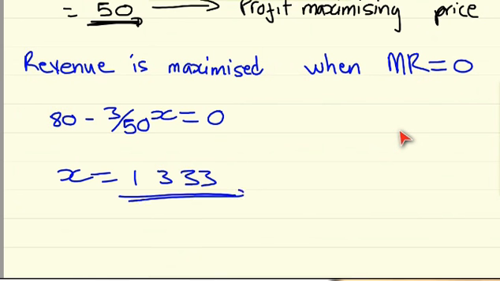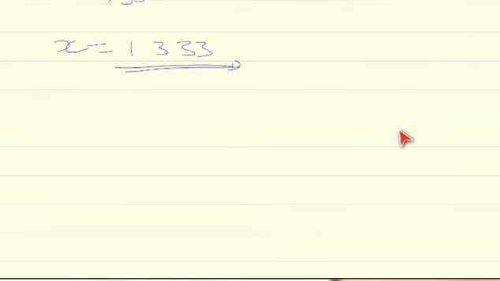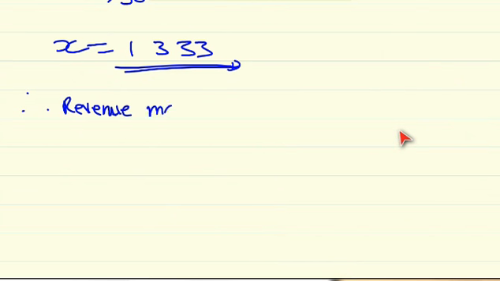I'm just going to round off to the nearest unit. Alright, so these are my revenue maximizing units, 1333.